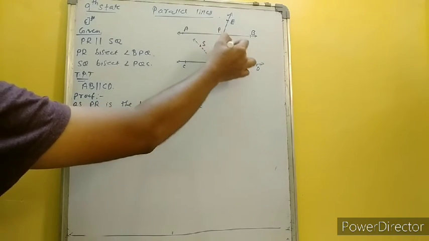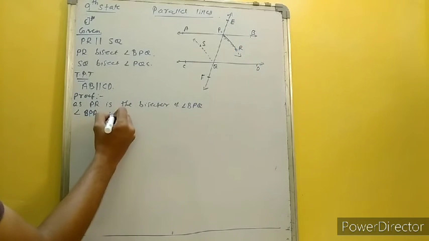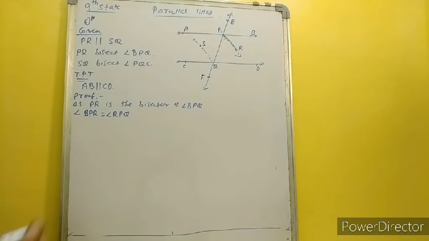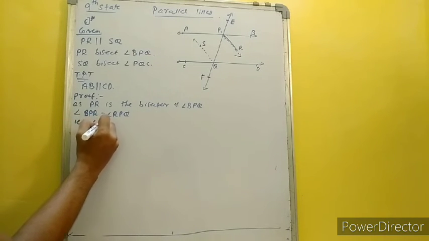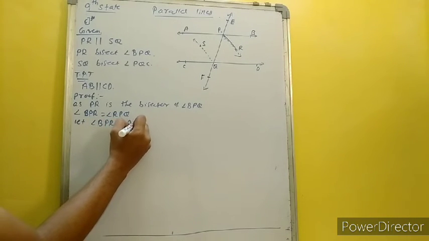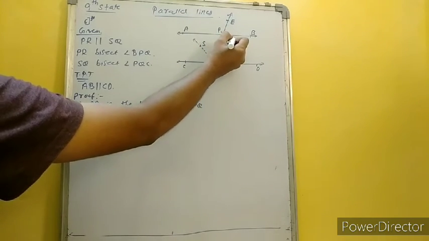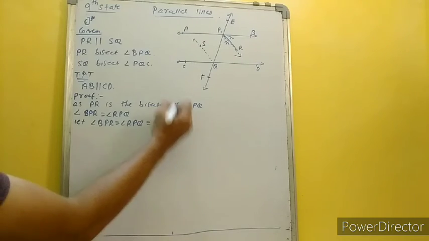See, this is the bisector, means these two angles are equal. So let BPR equal RPQ equal X. I will take this as X, both the angles will be X. I will name it as number 1.